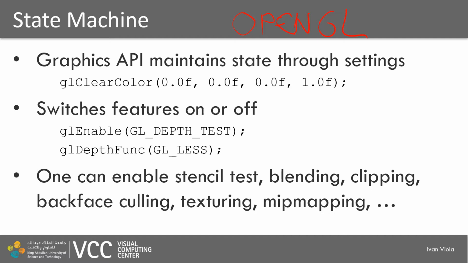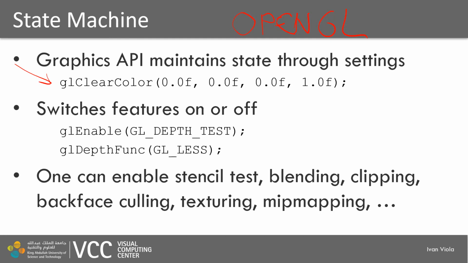What is there? Let's start with just one simple command which you can find in OpenGL, which is a typical example of OpenGL being a state machine. It sets the color. If we want to clear our buffer, our display buffer, then we need to clear it with some color.